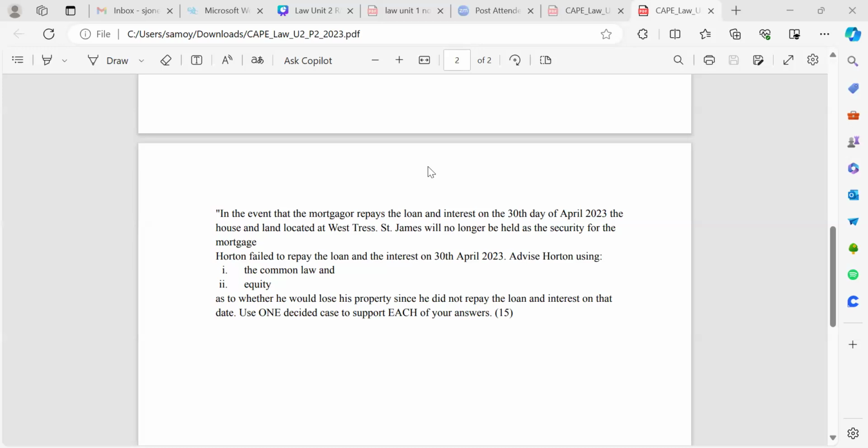So basically, under sickness, I have read a case that says sickness can be under frustration, but it depends on the circumstances. For example, there was a pianist that was supposed to perform, but because they got sick, they were unable to carry out their contractual duty. So that was a case under frustration.